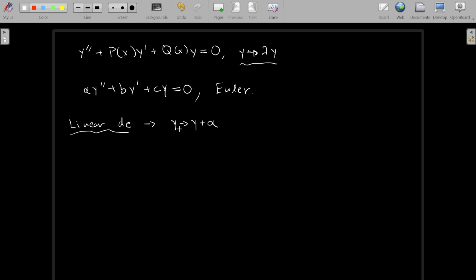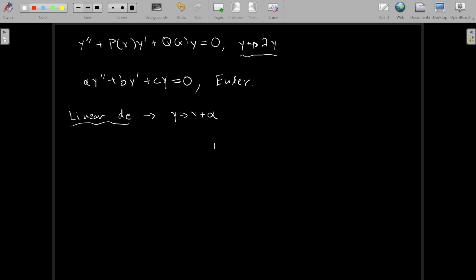It's the only case that we can apply this transformation. Every other transformation made into a linear equation, doesn't matter which, would only make it more difficult most of the time. So from here on, we will only concern ourselves with linear differential equations, like we said.